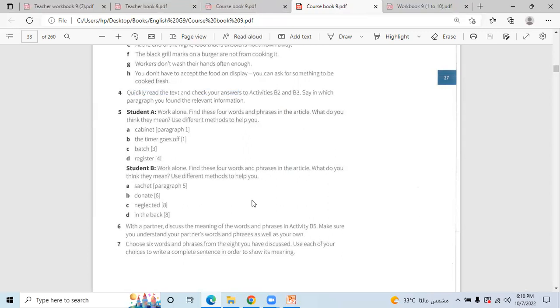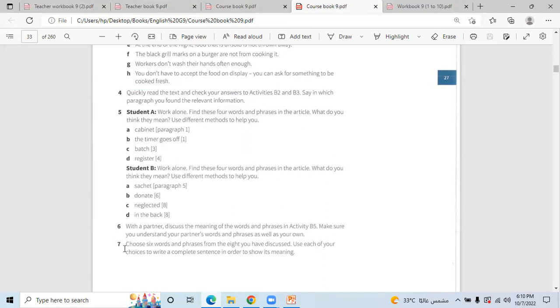This is what we have already seen in the text. Then we have an activity here, student A and student B, which we completed during the class. Number six, with a partner discuss the meaning of the words and phrases in the activity. Make sure that you understand your partner, all right?